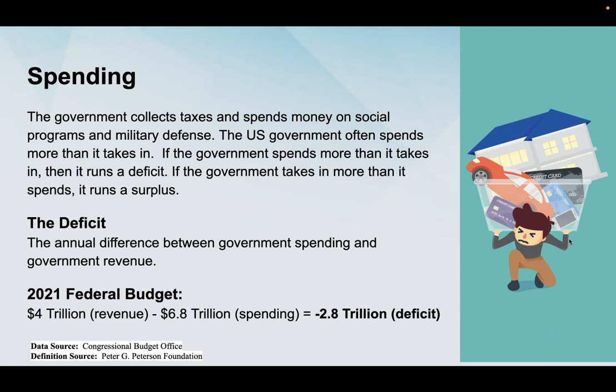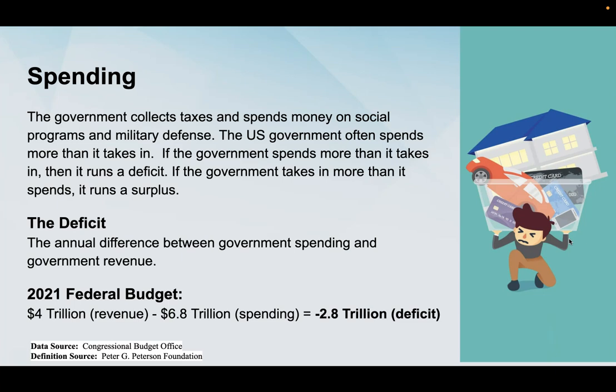We can use the example of somebody who's just running up the credit card. Let's say you take in a certain amount of money every month and then you go and spend a lot more than that, you've got a deficit on your hands. Whatever that difference is between what you earned and what you're spending, that's your deficit. And we can think of that for the national government too.